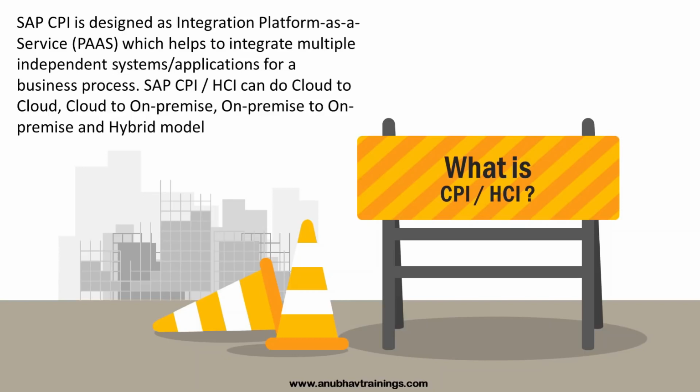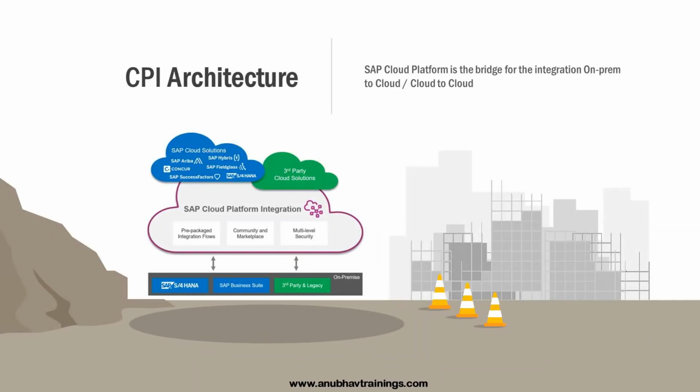Okay. So this can be cloud to cloud, cloud to on-premise, on-premise to on-premise, and a hybrid model. These are the different models which are available right now for your CPI, and we can easily integrate with non-SAP systems also. Okay. So this is the definition of your CPI.